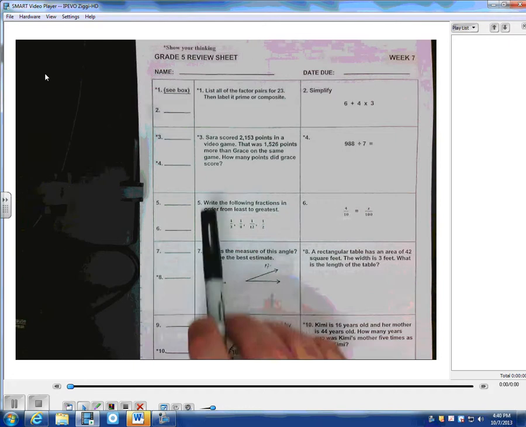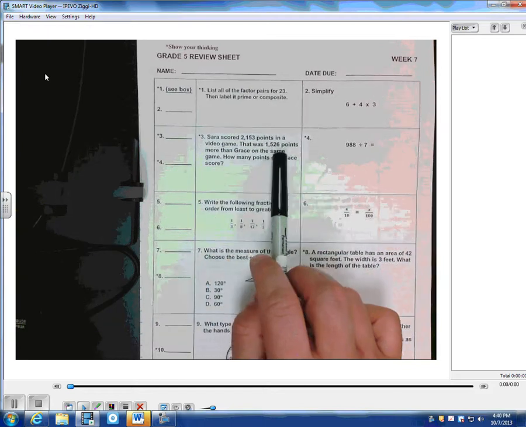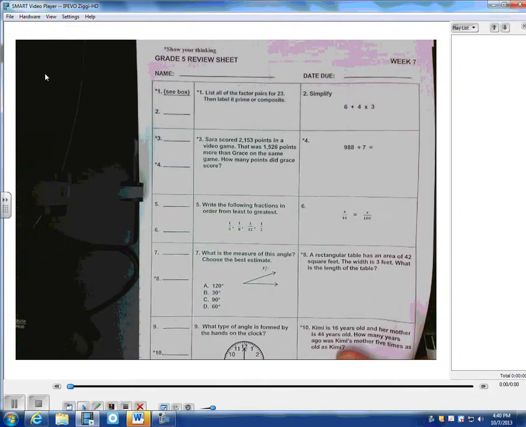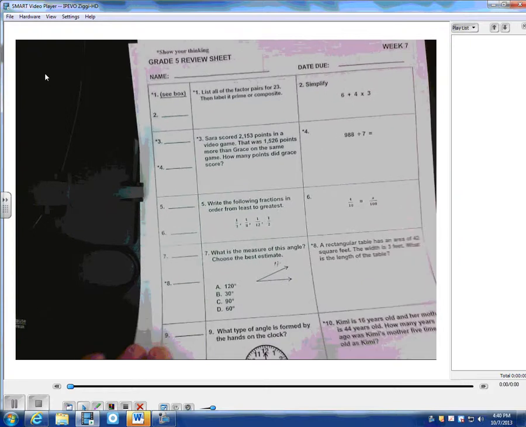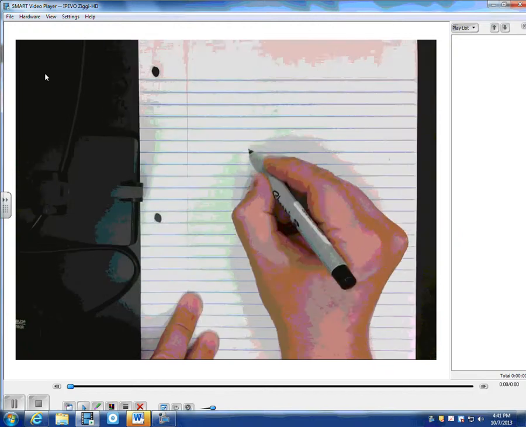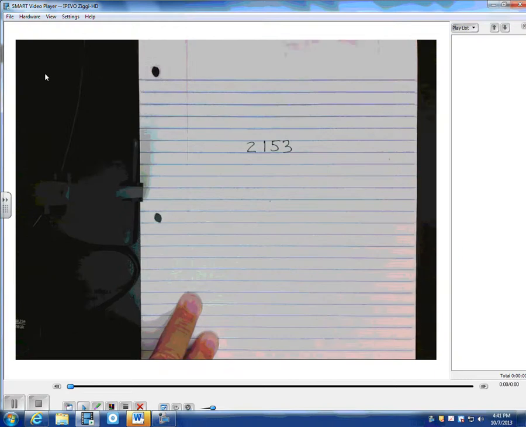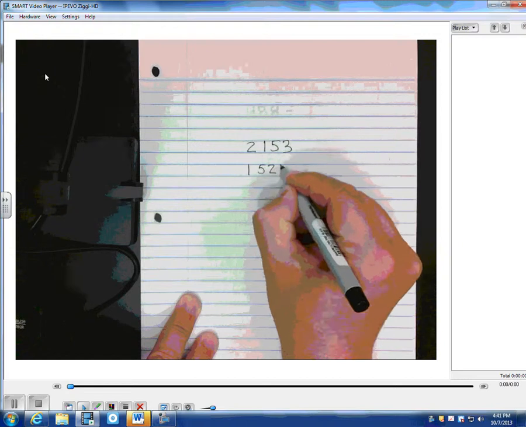So again, Sarah scored 2,153 points in a video game, and that number was 1,526 points more than Grace on the same game. How many points did Grace score? So in this problem, I know that Sarah scored 2,153, and that was 1,526 points more than Grace.